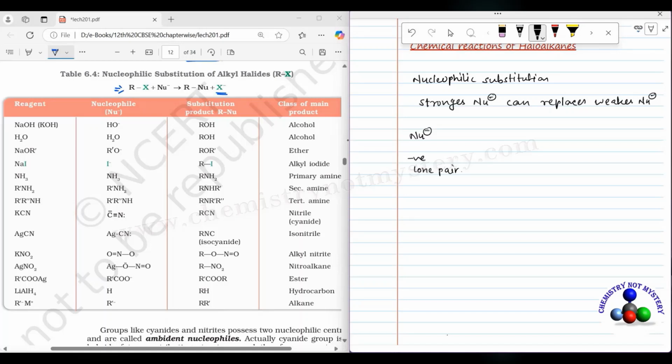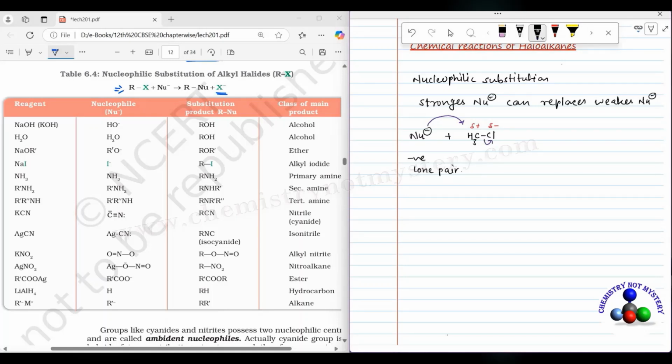So when a nucleophile reacts with alkyl halide, here I can take the example of methyl chloride. And as you know, there is an electronegativity difference between carbon and chlorine. So here this carbon is delta positive and chlorine is delta negative. When the nucleophile attacks the positively charged carbon, it replaces chlorine in the form of chloride ion.